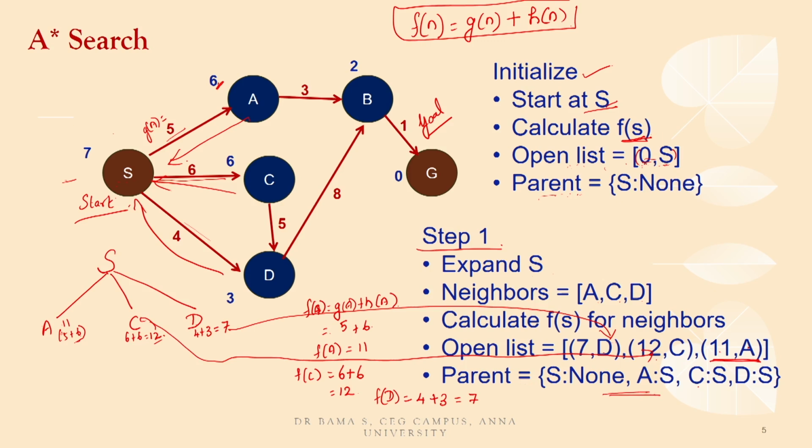Now, after this step, if we use a priority queue, we can see that D is the minimal value, this is the minimum value. So, D has to be popped out. The same criteria of the priority queue that we had in greedy best first works also here, where the minimum value is at the front of the queue where it is getting popped. Now, we saw this earlier, this is step 1 that we saw. So, in the open list, this is the minimum value.